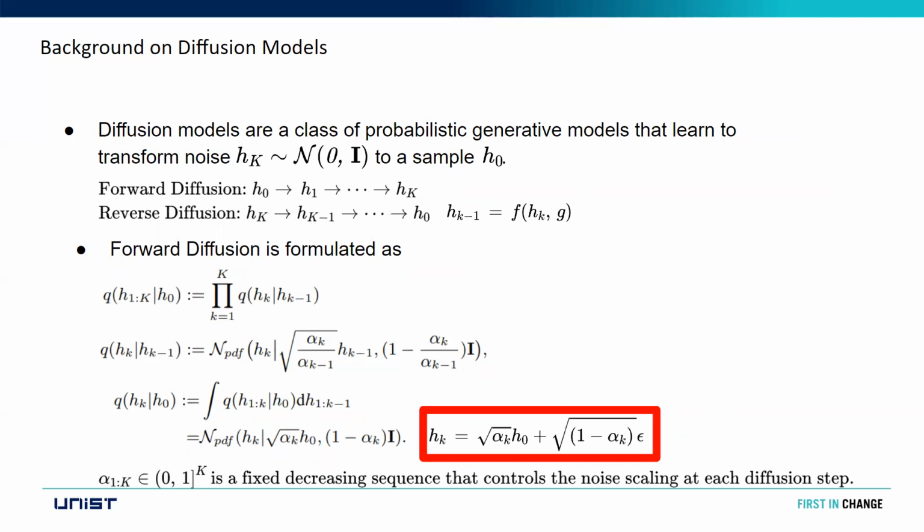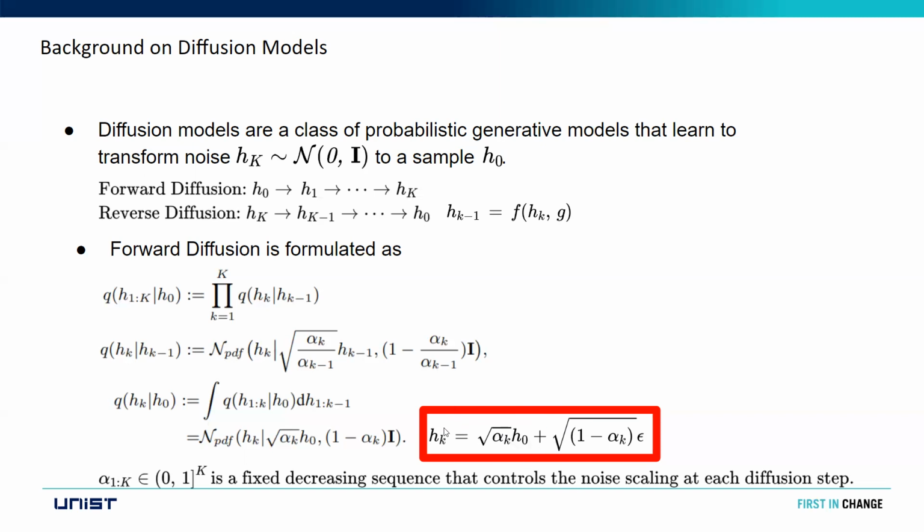The forward diffusion is formulated as follows, but the main thing we need to focus on is the part that I highlighted here. They changed this formula using Gaussian mixture models, which I will explain later on.